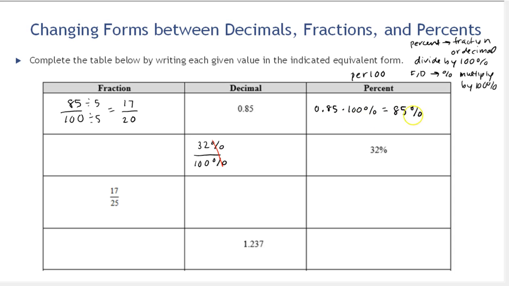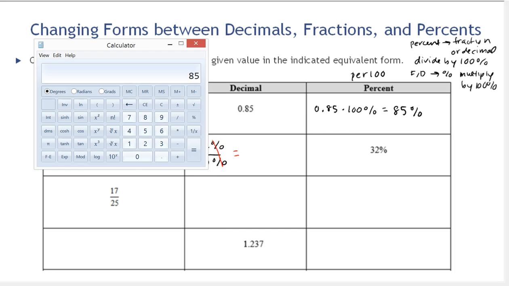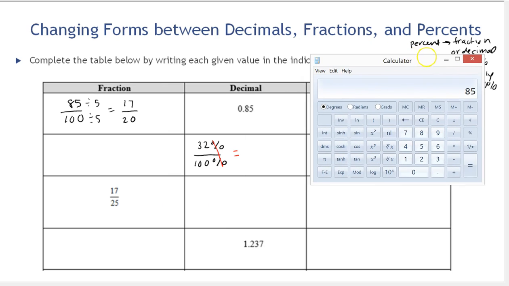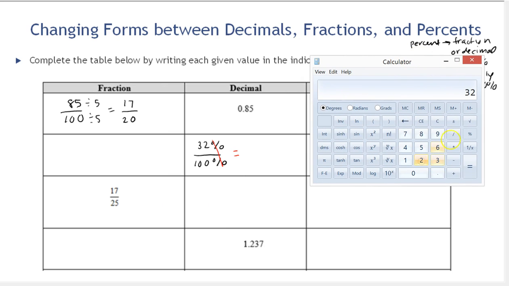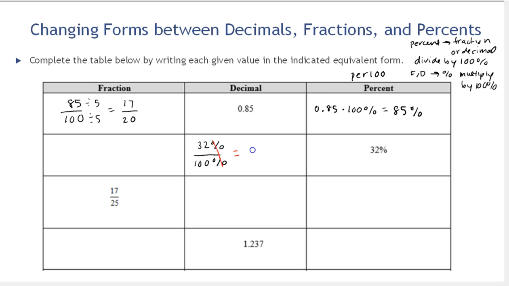Here, when we multiplied, we have a percent left over and we were trying to find one. Here, we're trying to write a decimal, not a percent, and this shows me that my percents are canceling. And we can write this as a decimal. 32 hundredths is 0.32, but we could verify through division that this is 0.32.